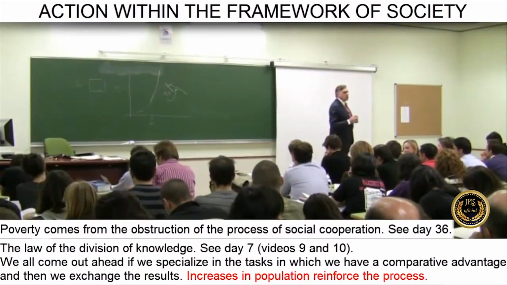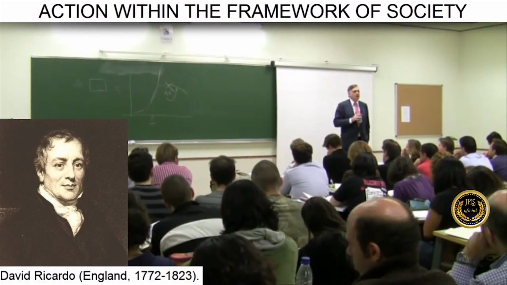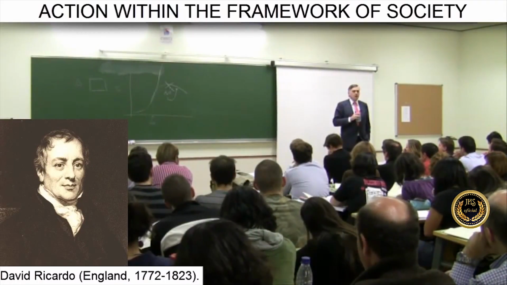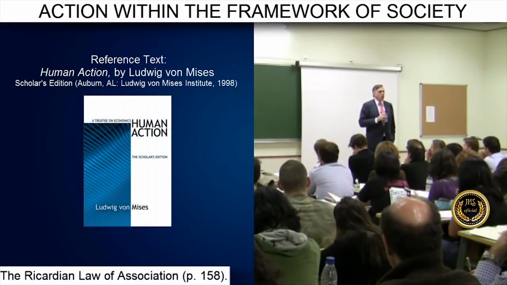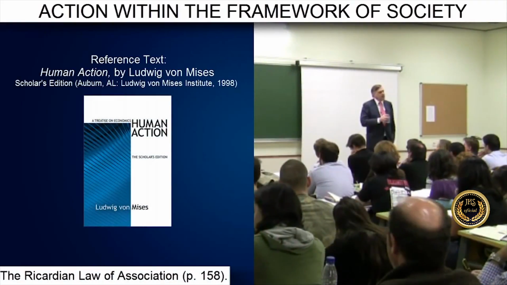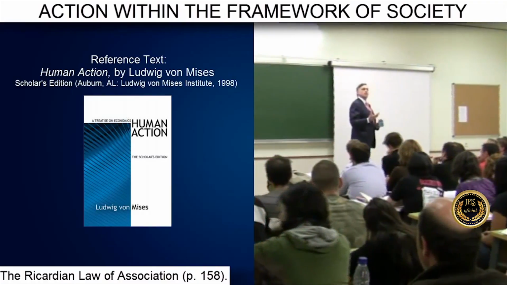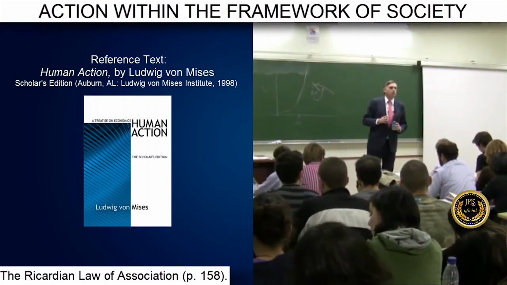Why make distinctions? In the 19th century, there was an English economist named David Ricardo, who was descended from a Jewish family that had been expelled from Spain. At the dawn of economic science, this English economist began to theorize about international trade, and he drew the same conclusion we have just drawn regarding interactions between human beings. But he focused on exchanges between different countries.